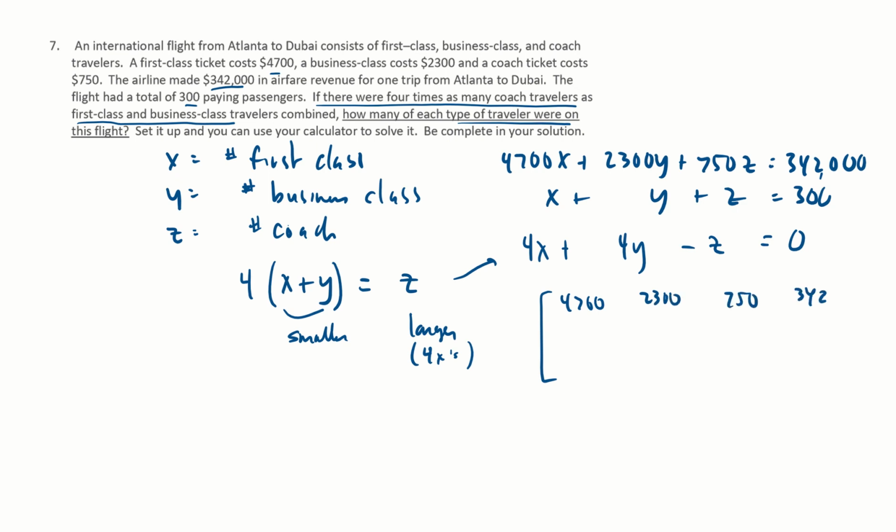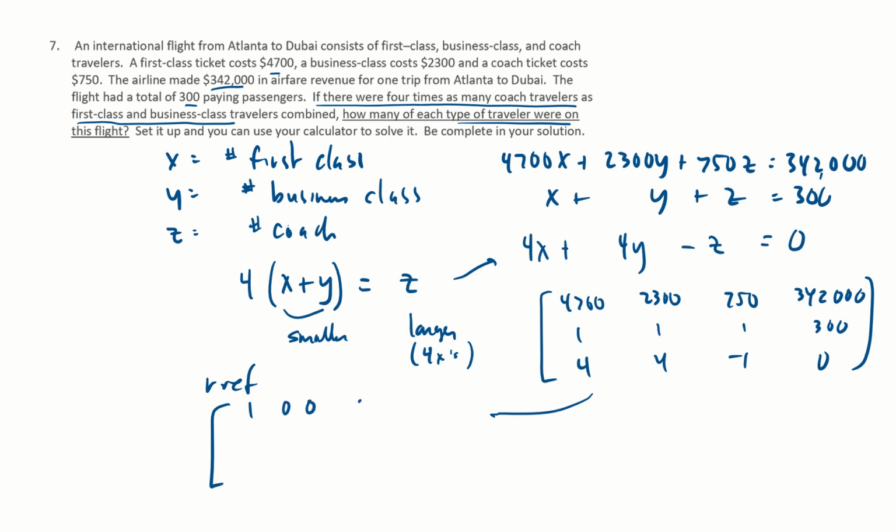You're always able to do RREF. And if you do that, you get 1, 0, 0, 10, 0, 1, 0, 50, 0, 0, 1, 240.